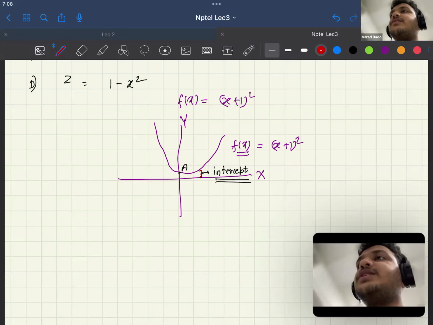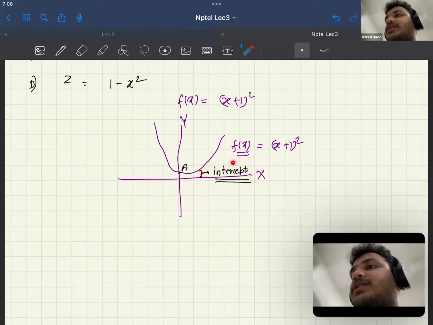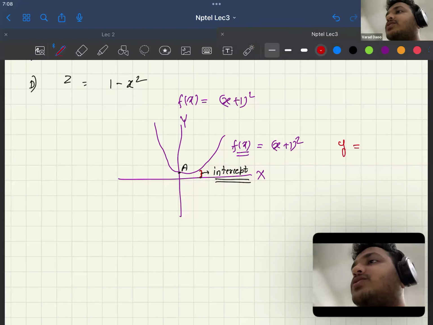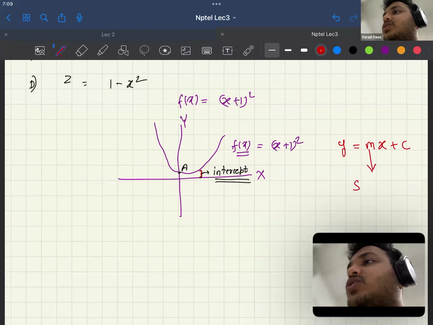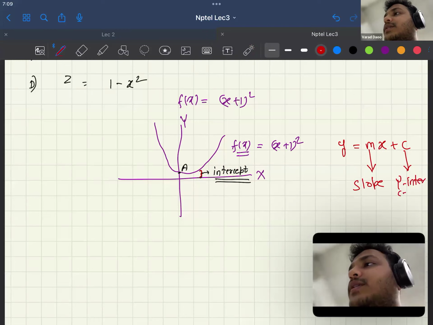Remember, one thing which has to be remembered here, this is the y-intercept. If you remember what the y-intercept is, for example, if you have a straight line y equals mx plus c, remember that m is the slope of the line, and c is the y-intercept. And what is this slope?